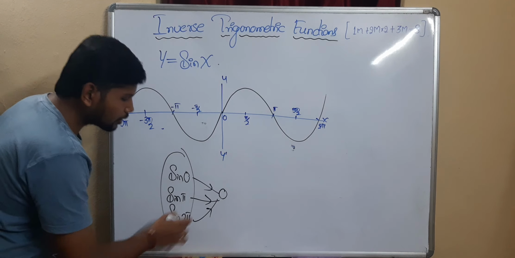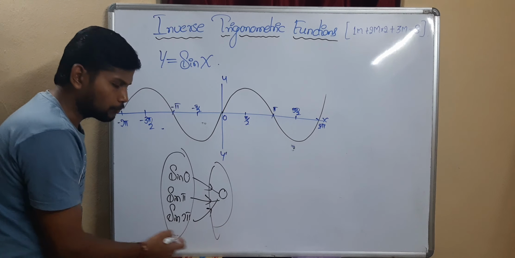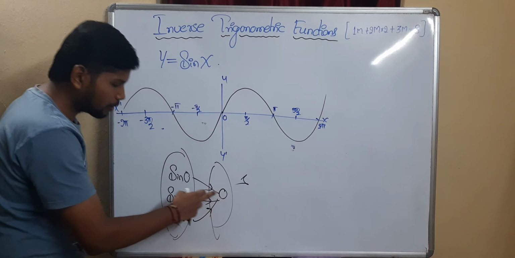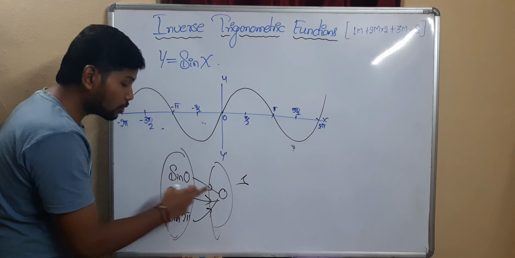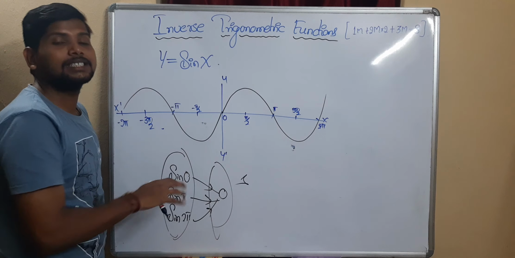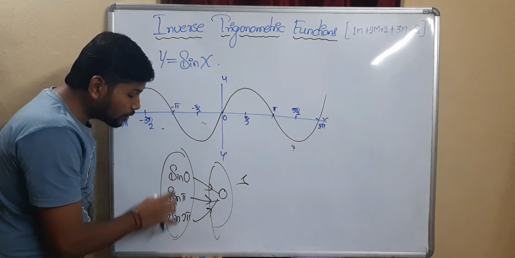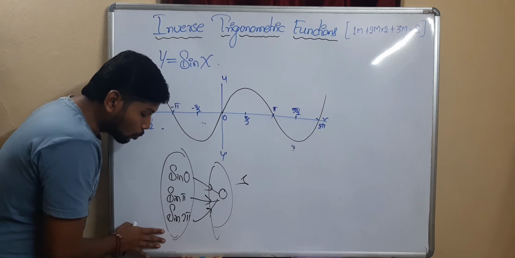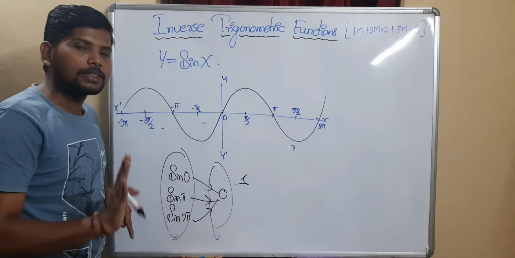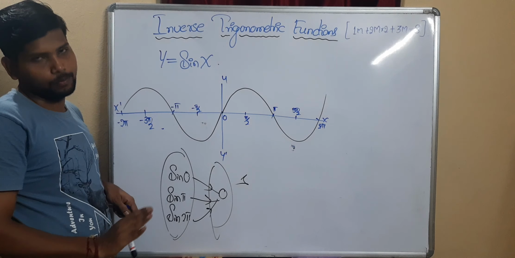Then whether this is 1 1, no, it is not 1 1. Why? Because 0 is having preimages 0, pi, 2 pi. Both are having the same image. Means every term in the domain is related to only 0. That's why it is not 1 1.